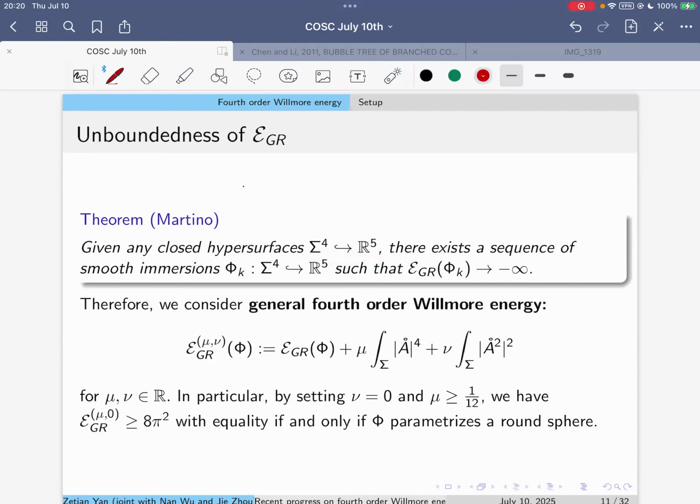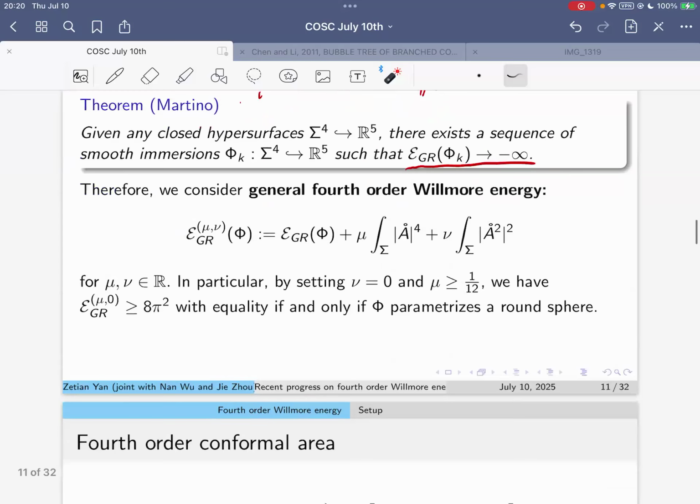It says that we can do the dilation such that we can find a family of hypersurfaces with fixed topology, but they converge to S2 times R2 in the Gromov-Hausdorff sense, and such that the energy goes to negative infinity. So in other words, for the Reilly-Grimes energy we cannot find a uniform lower bound.